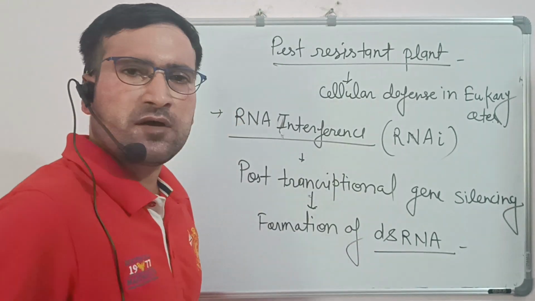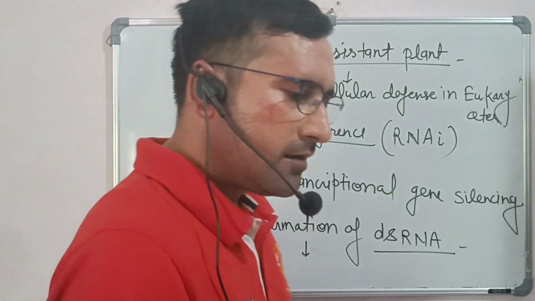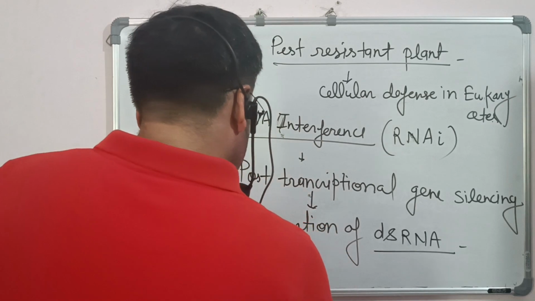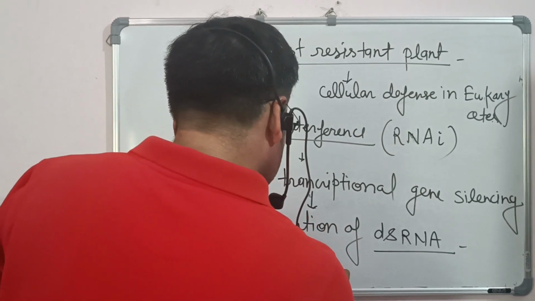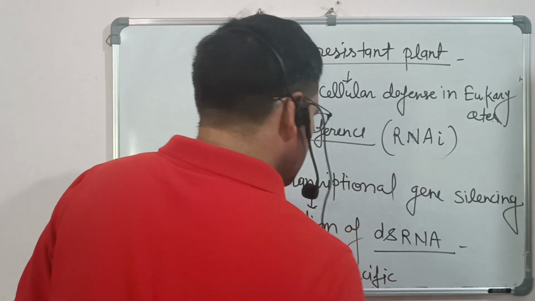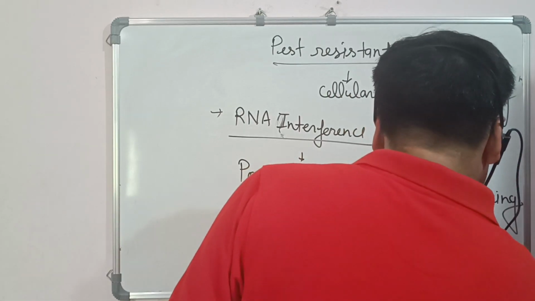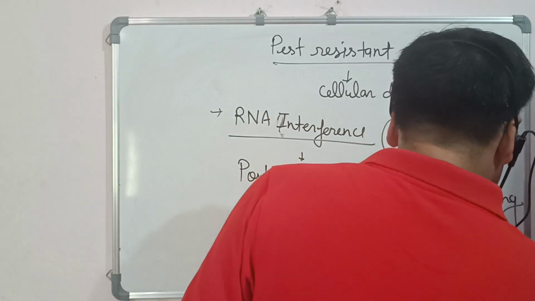For the production of double stranded RNA, the parasite specific genes are used.